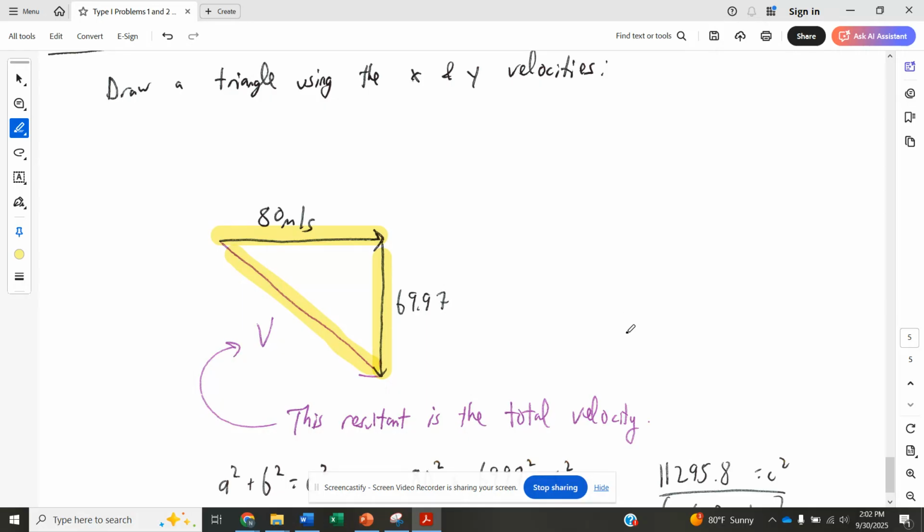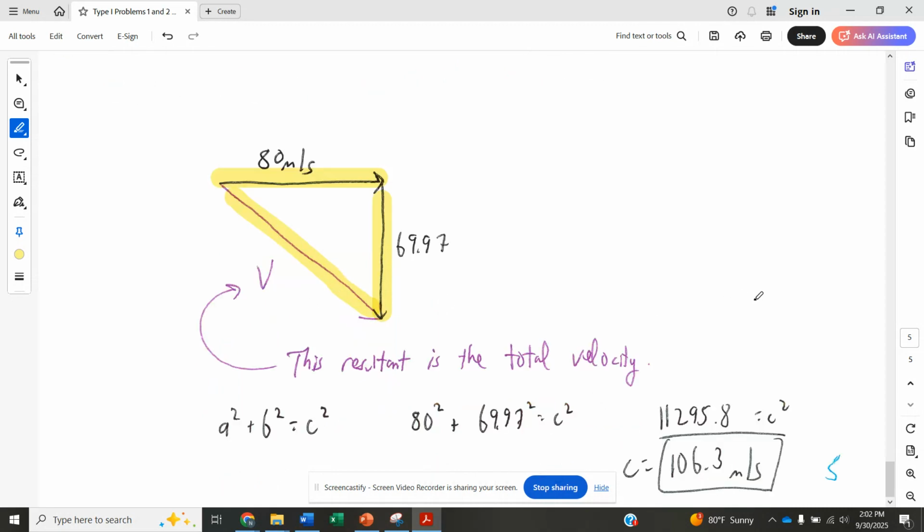So you'll use a squared plus b squared equals c squared to do that. Take a moment to do that. Pause the video. And when you're ready, you can click resume. So you should get 106.3 meters per second as a final answer there for velocity.